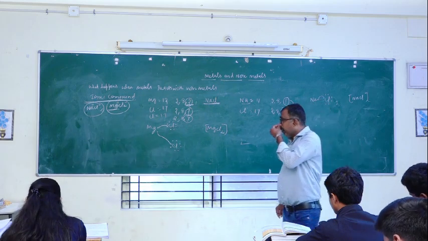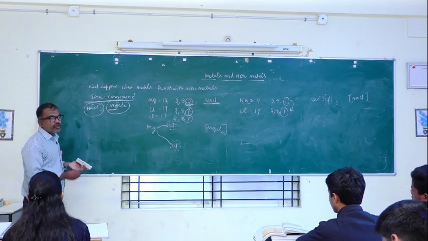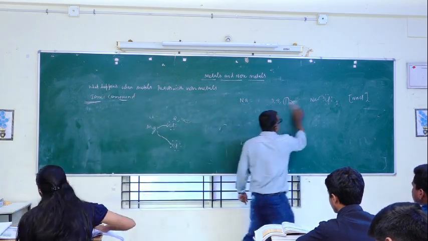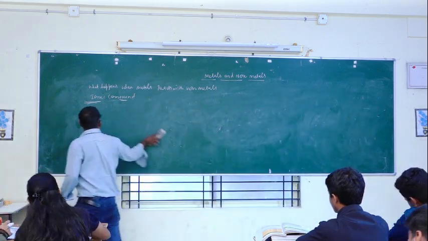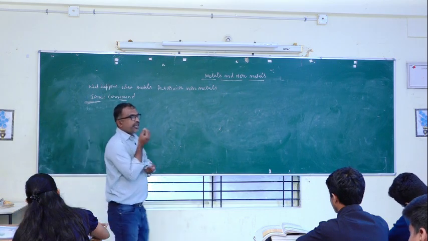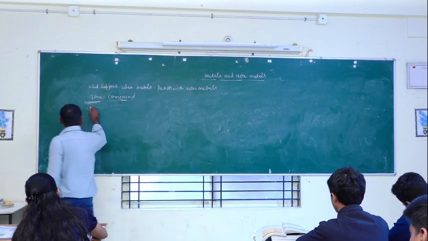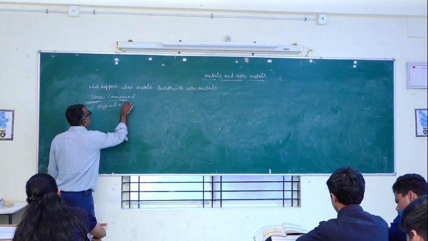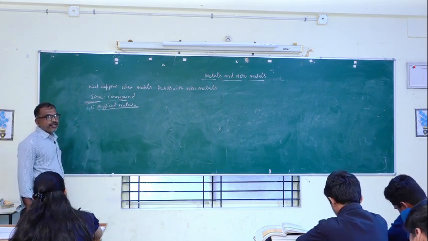Okay, next, physical properties of ionic compounds. There are 4 physical properties of ionic compounds. First one, physical nature.